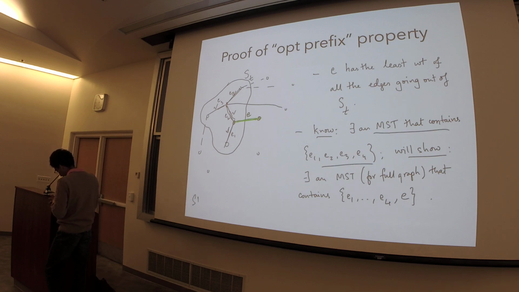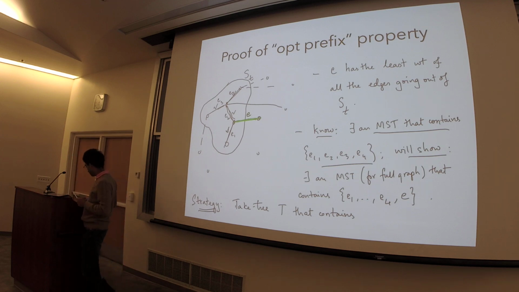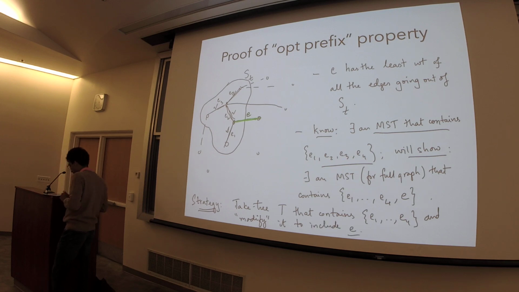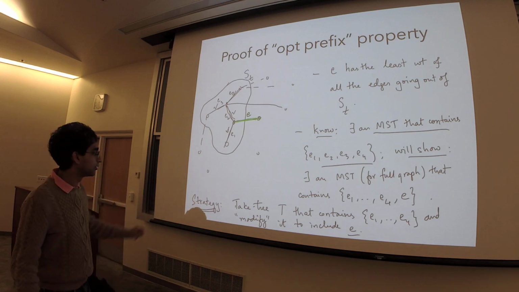The strategy is: take tree T that contains E1 through E4 and modify it to include E. Okay.